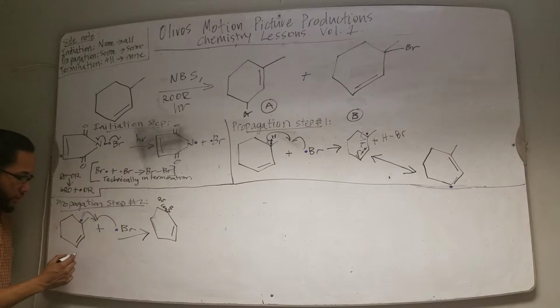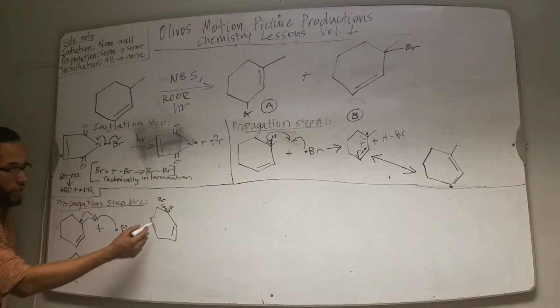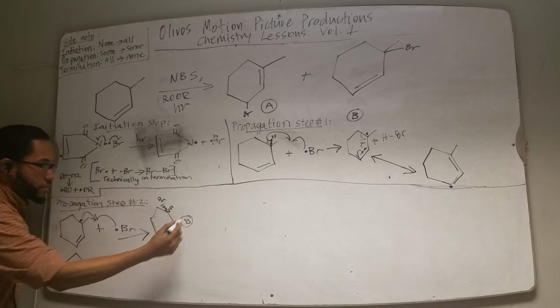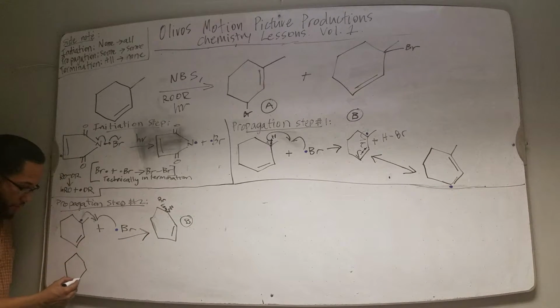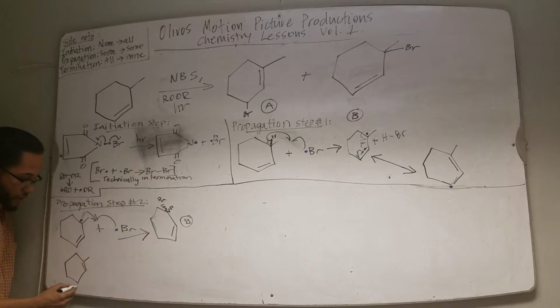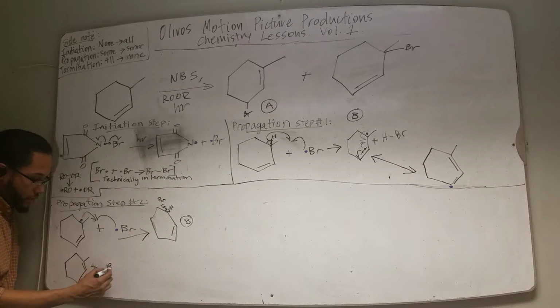So now your other compound, you see this is compound B. Now for your other compound, where you use your resonance movements, you have that radical down here, plus your bromine and your other radical.